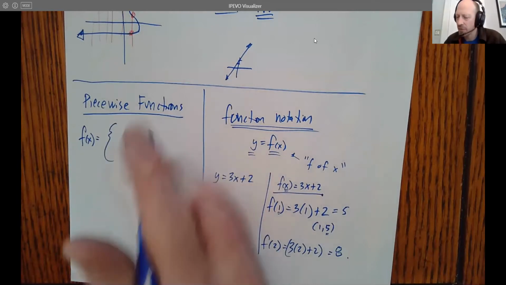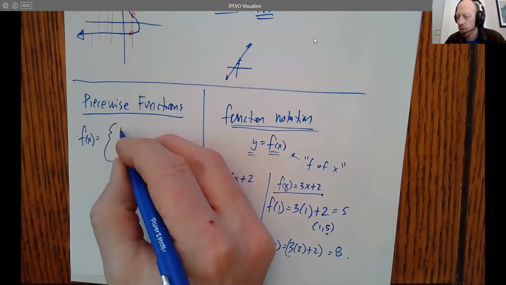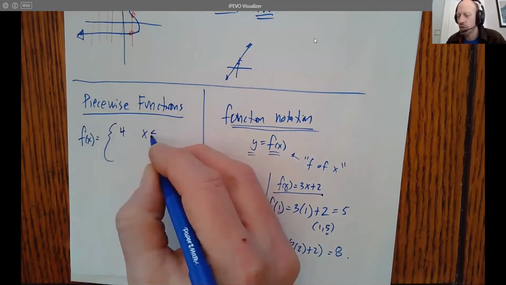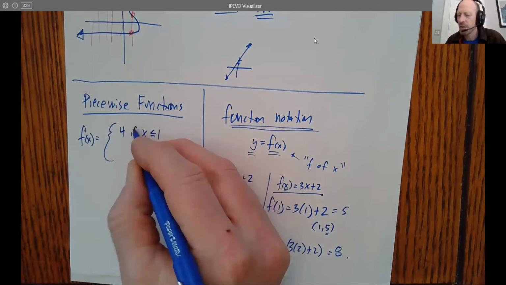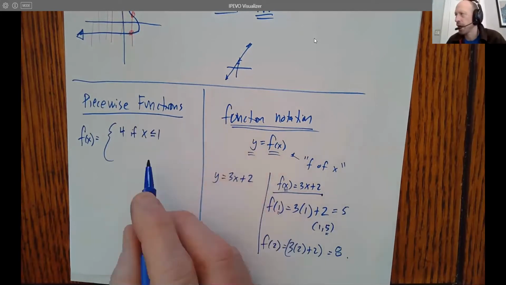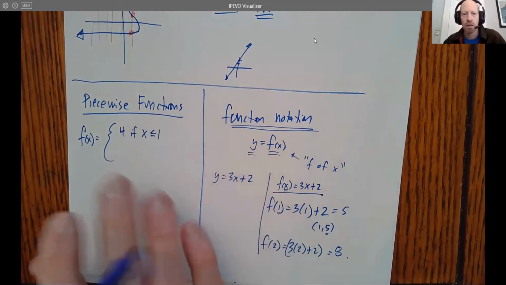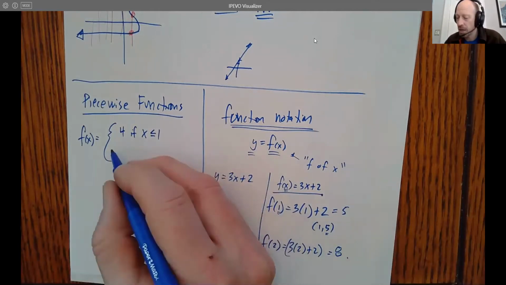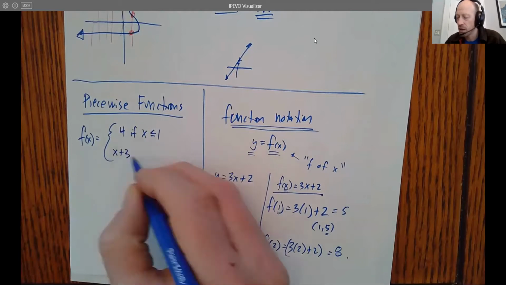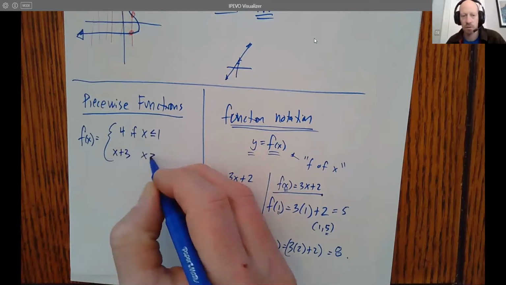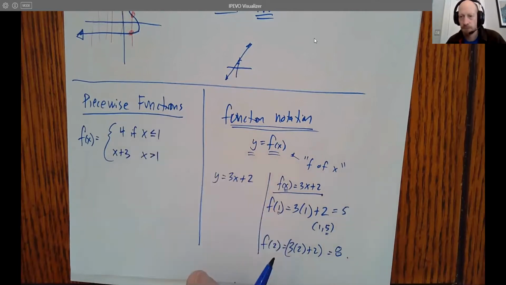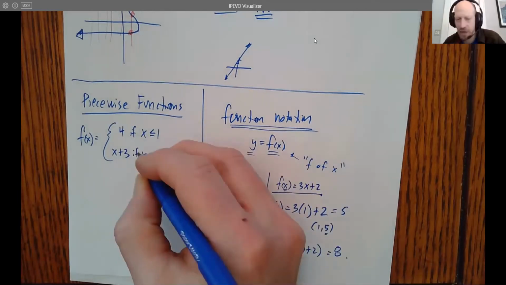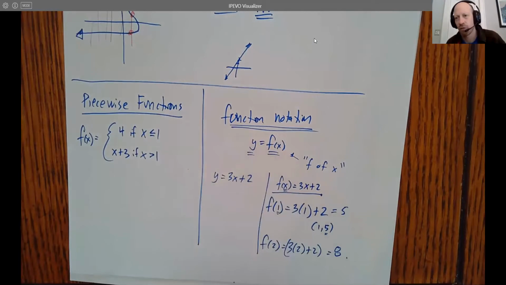I might say f of x is going to equal 4 if x is less than or equal to 1. Sometimes you'll see an if in there, sometimes you will not. Another formula might be f of x equals x plus 3 if x is strictly bigger than 1. Again, I might write it with an if in there, or you might see it without that if.